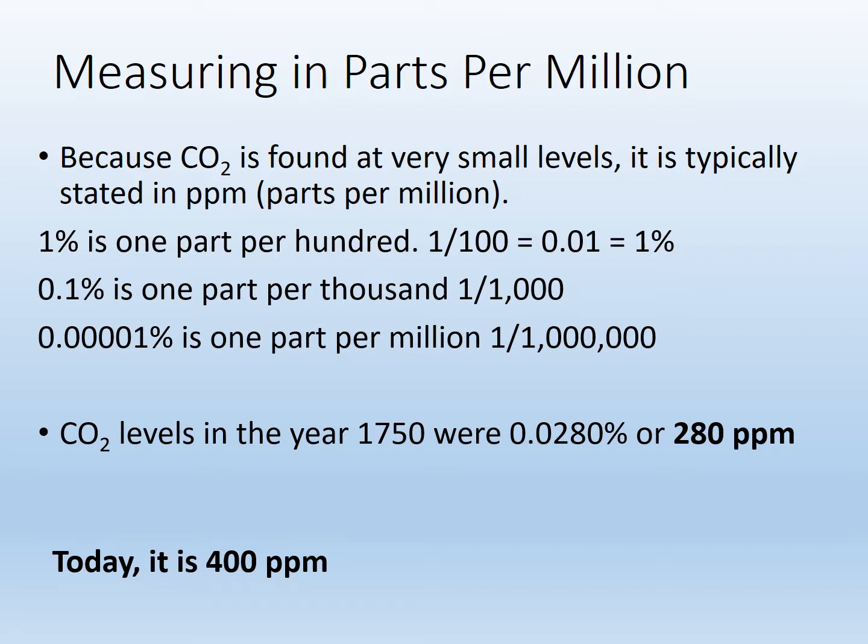And that's because as we dig up these fossil fuels and we burn them, we're releasing that CO2 back into the atmosphere that was captured by plants millions of years ago, and we're adding carbon into the atmosphere, and we've raised CO2 levels since the beginning of the Industrial Revolution from 280 parts per million to 400 parts per million.